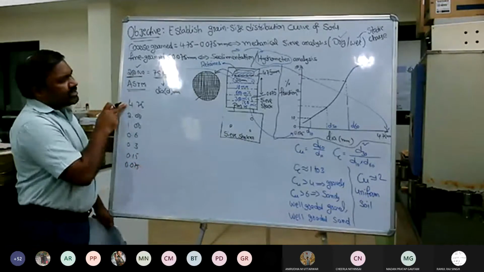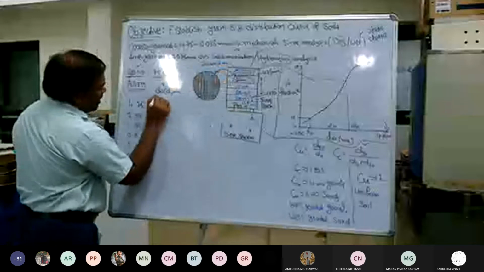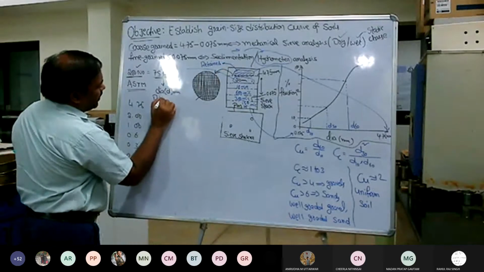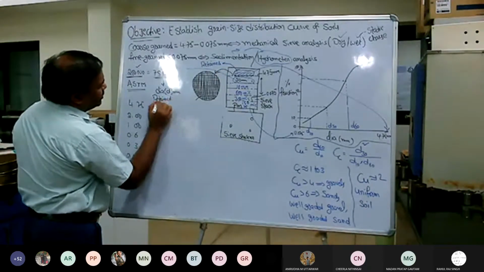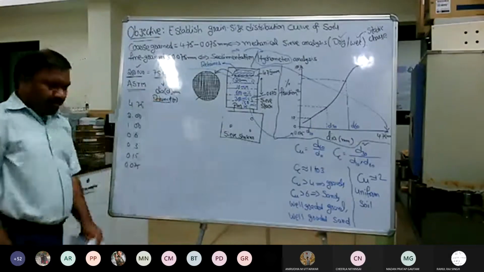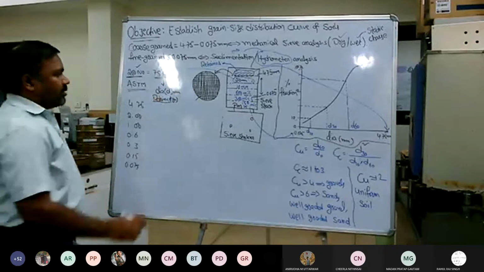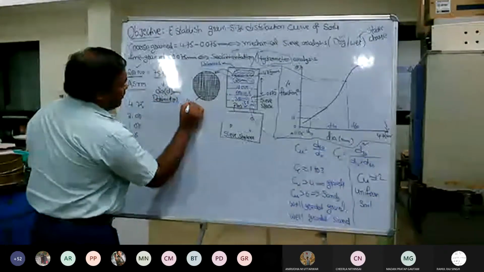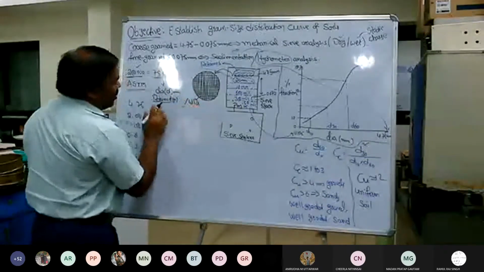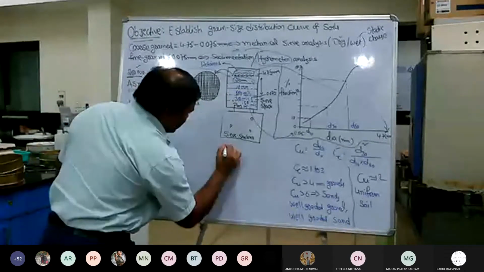Corresponding to each sieve size, how much is the weight retained? This is maybe in grams. Next, percentage weight retained. Now I know the initial weight I have taken.